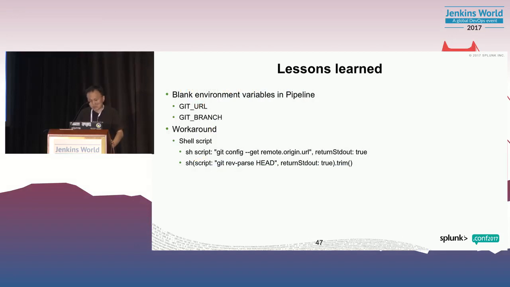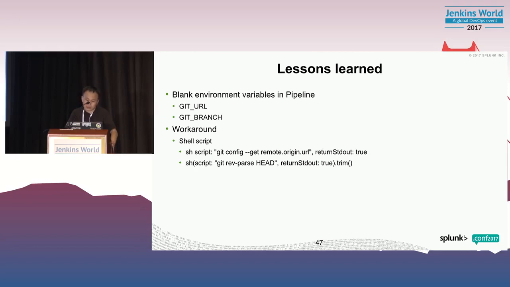Next thing is, previously we used many environment variables in the job, such as git URL and git branch, but in the Jenkins pipeline, there is no such thing. So at first, we worked around it using a shell script to do the checkout and the git command line to get the git branch and git URL, but it's tedious, because our project needs to call the script.